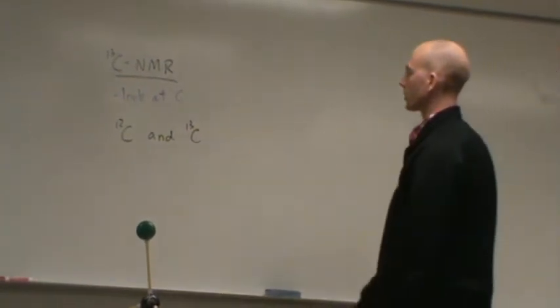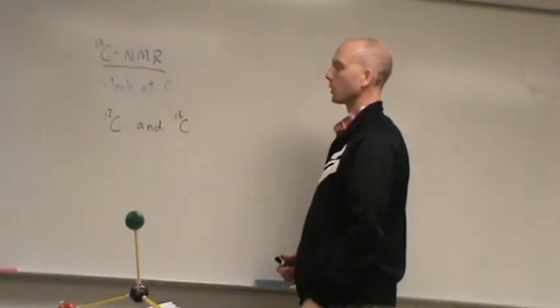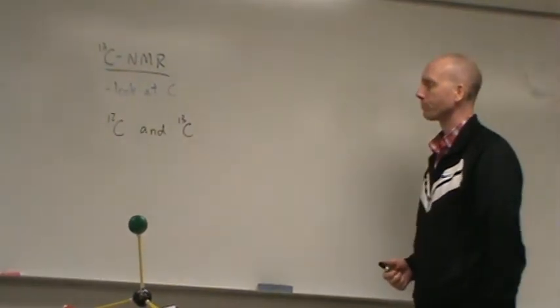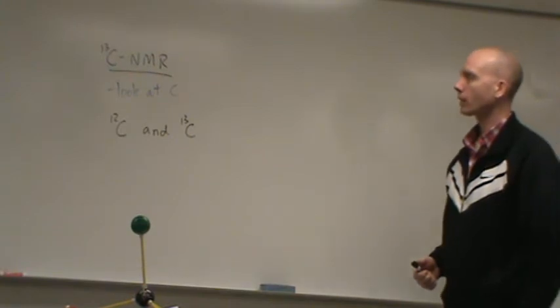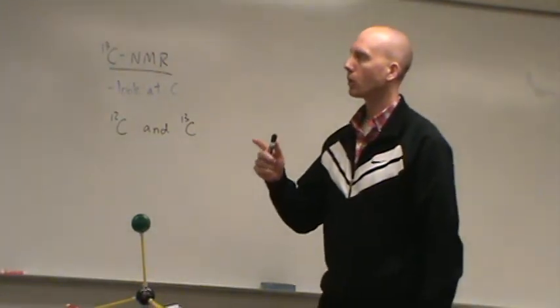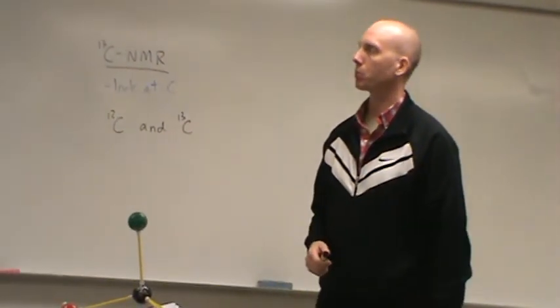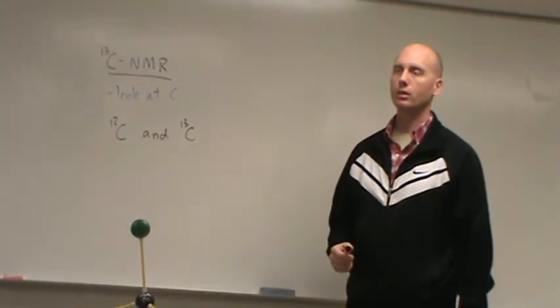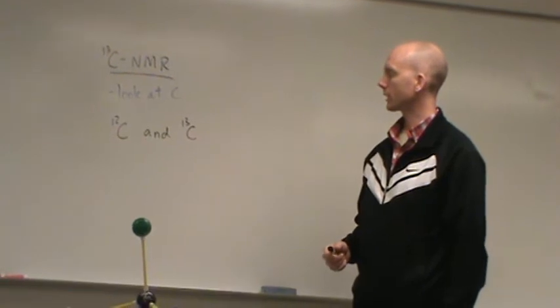So C13 has an extra neutron, so its mass is a little heavier than carbon 12. If you look on the periodic table, which of these two does the periodic table say that we have? Carbon 12.